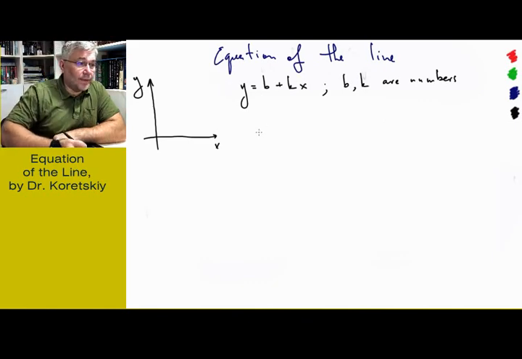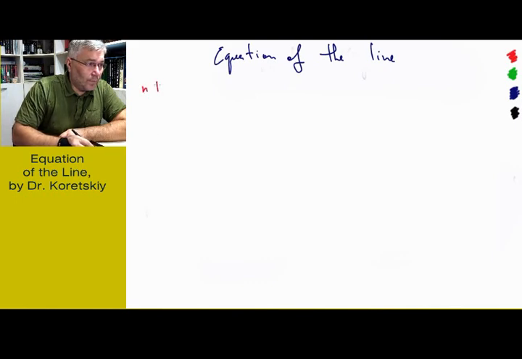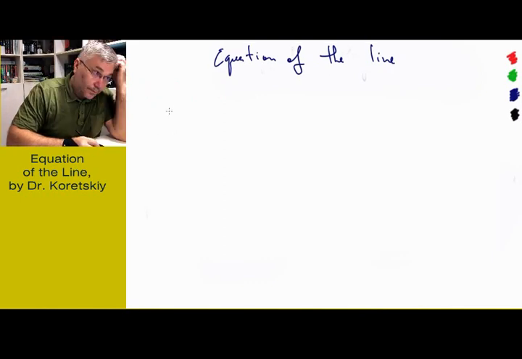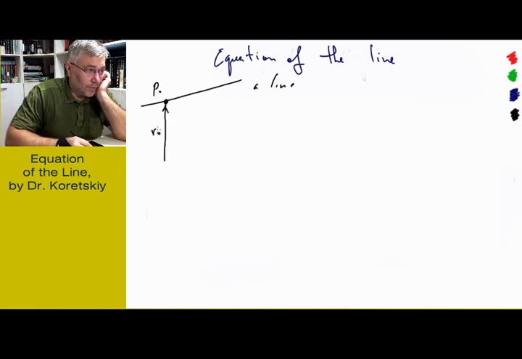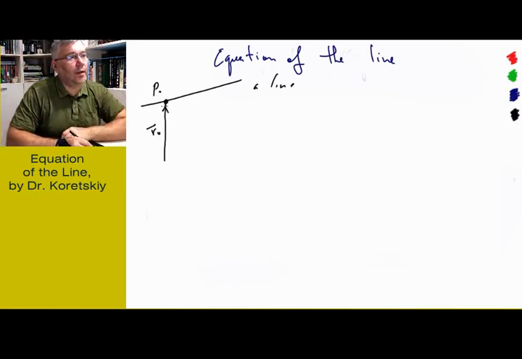In 3D space, we have a little bit of another situation. For example, we deal with ND space. I have an arbitrary line here, and for example I have a point P0. I know this point P0, and r0 is a radius vector of the point P0.